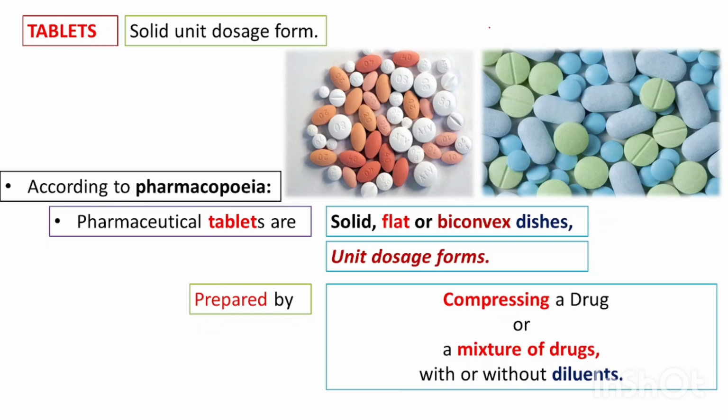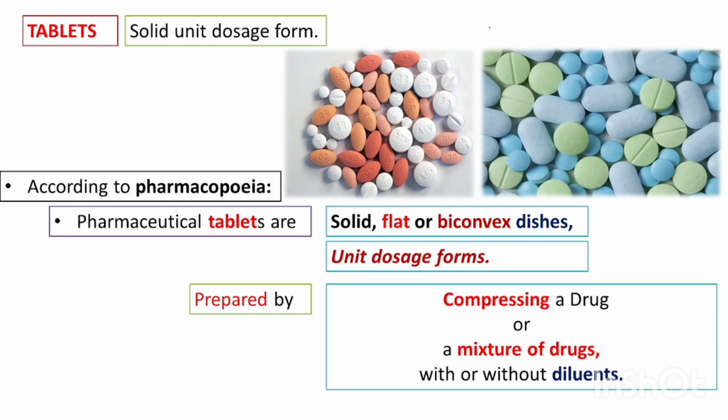It means in a tablet dosage form, we can see one drug or multiple drugs in one composition, with or without diluents. What is the use of diluents? Diluents are fillers, used to increase the bulkiness of a dosage form, which gives proper weight and size to a tablet.